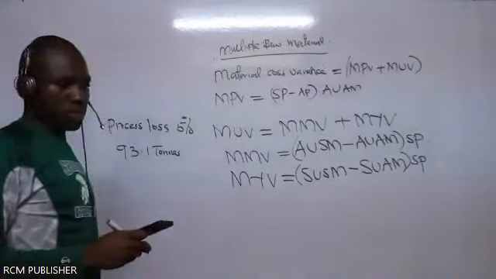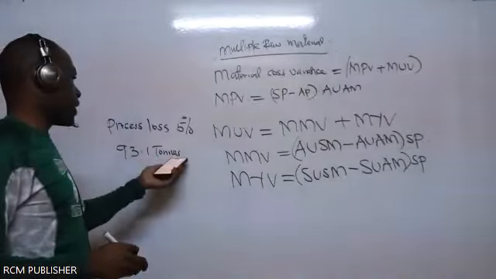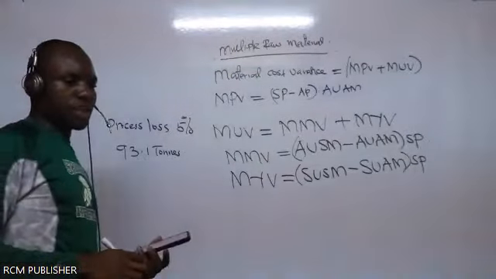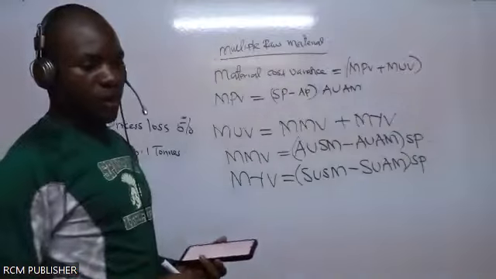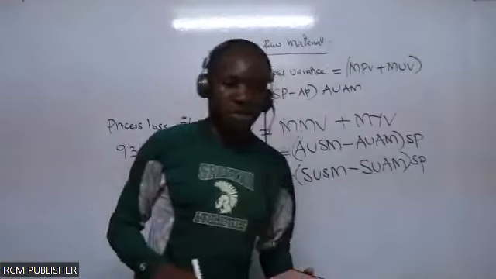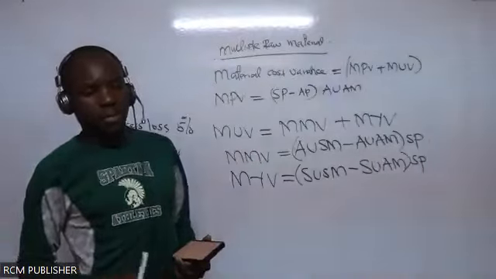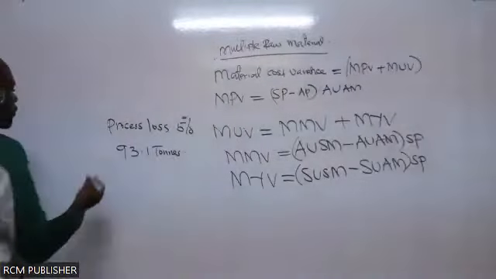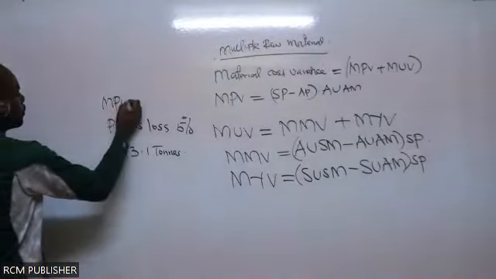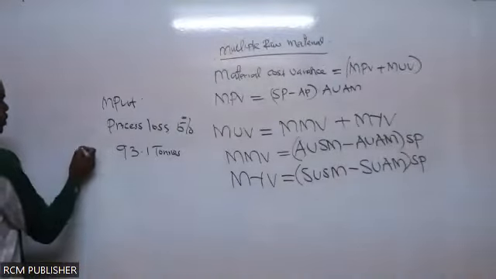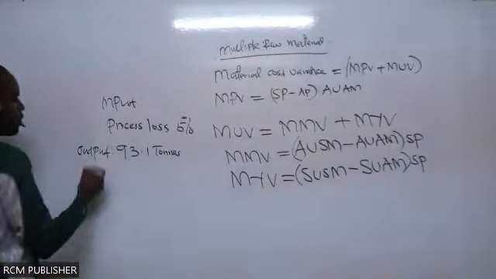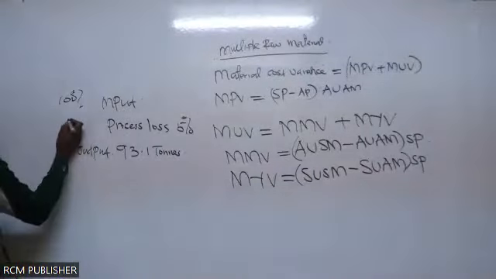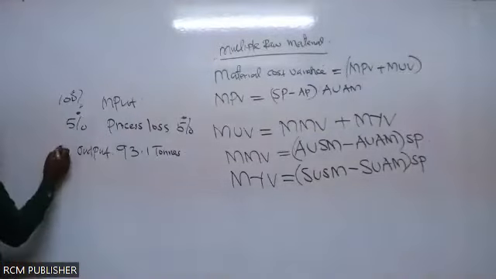So the output we have here is 93.1 tons. Are we able to know the percentage that 93.1 tons represents? Input should be 100%, is it? Process loss has taken 5%. The output is 95%.